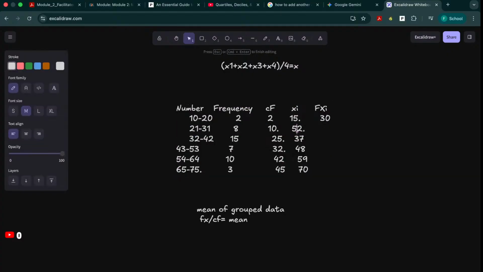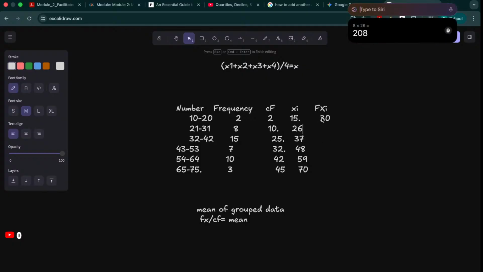This is supposed to be 26. I didn't divide. So we write 8 times 26, and we get 208.